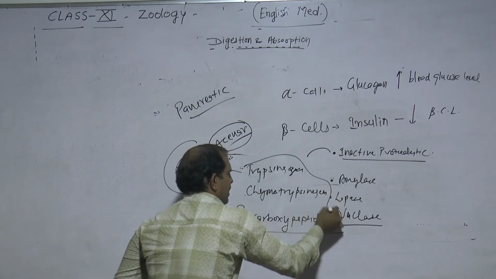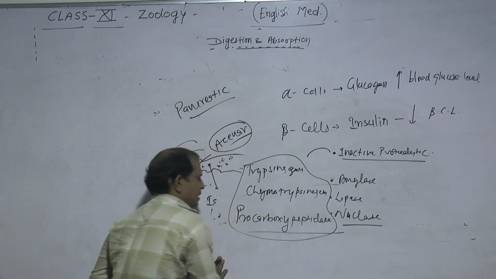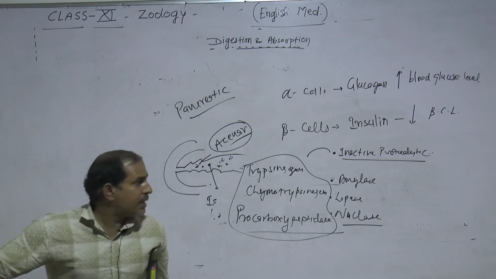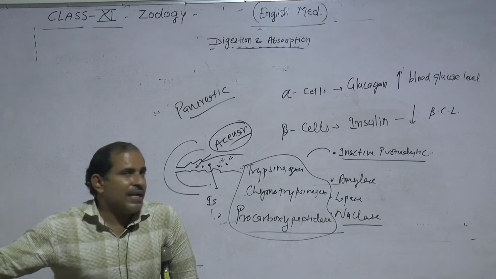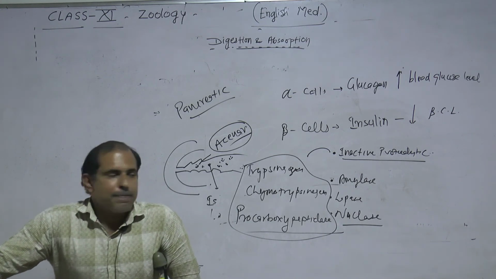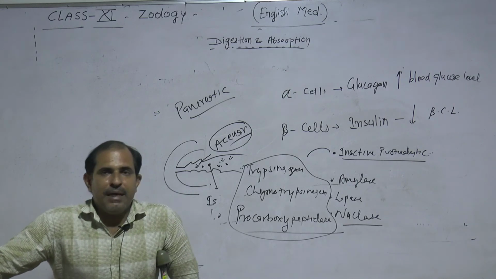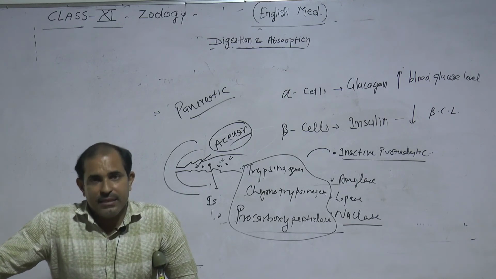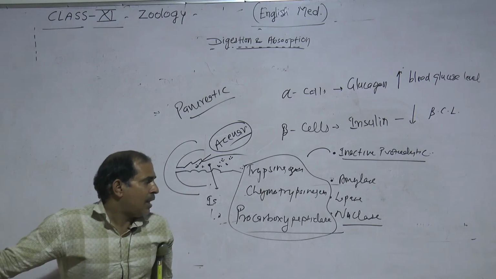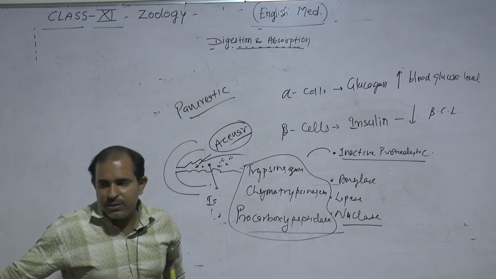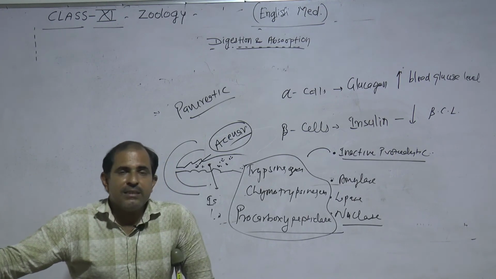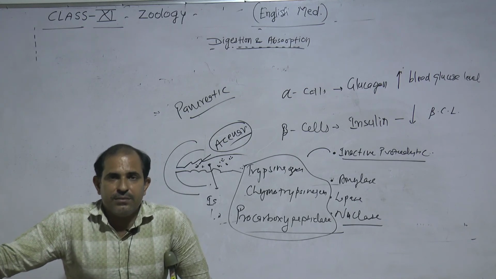It means the pancreatic juice contains inactive proteolytic enzymes such as trypsinogen, chymotrypsinogen, and procarboxypeptidase. And other enzymes such as amylase, which is called pancreatic amylase, lipase, and nucleases are present.